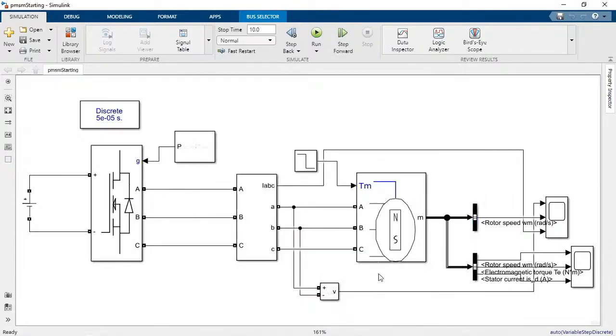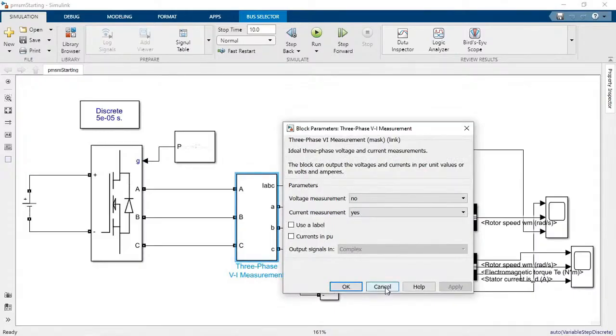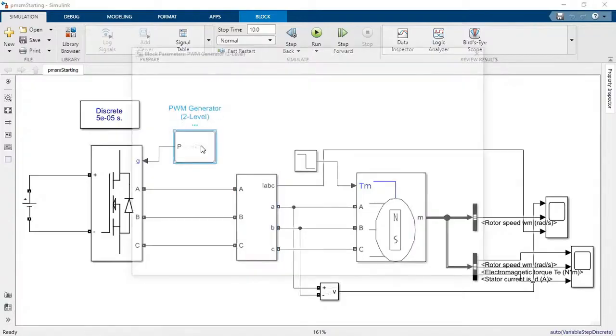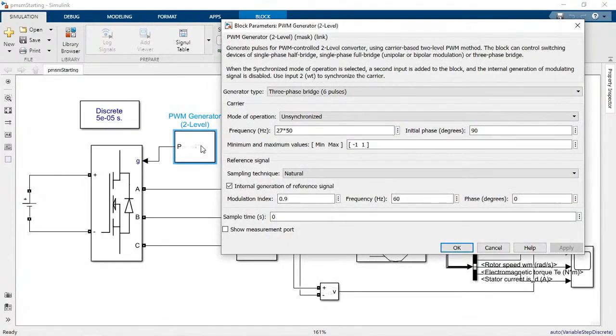And this is the three-phase voltage and current measurement block. I will use this motor for further things also. This is a three-phase voltage measurement, and this is a three-phase AC voltage measurement. Here you can measure voltage as well as current. And this is a PWM generator, just a three-phase PWM generator.